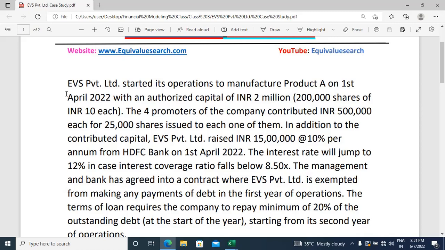Then in the next session we will take an example of any company which is already existing, which is already in their operations. We will teach you how to make their projections there. But this particular session is going to be very, very important, because if you do not get this session correctly, then you will not be able to make a model on that company. So today's session is very, very vital, very much important.